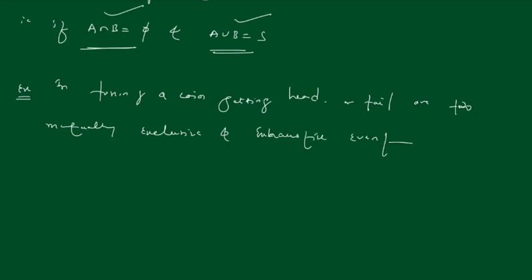Here mutually exclusive means A intersection B equals phi. If you take event A as getting head and event B as getting tail, then what do we get here? H intersection T is equal to phi only.